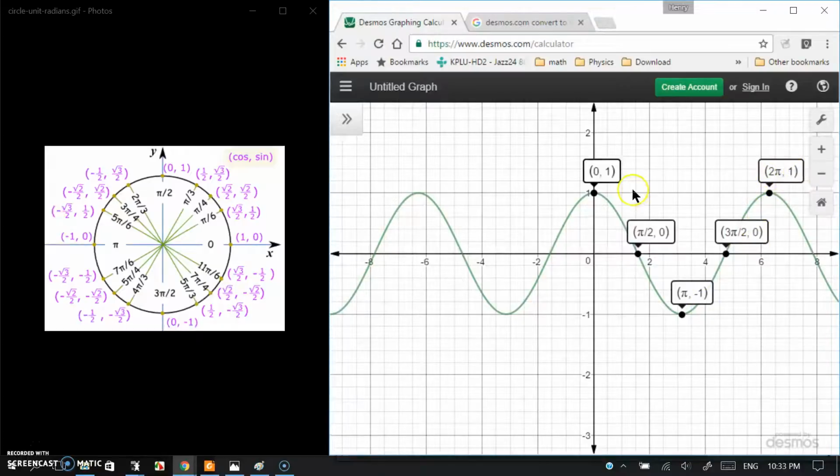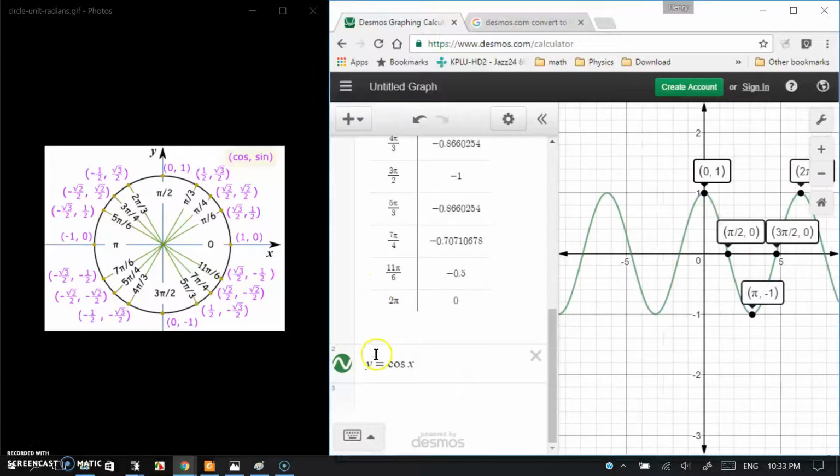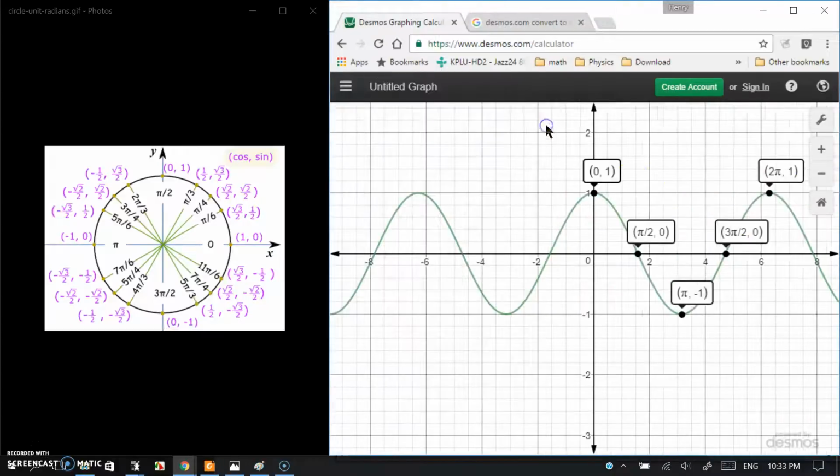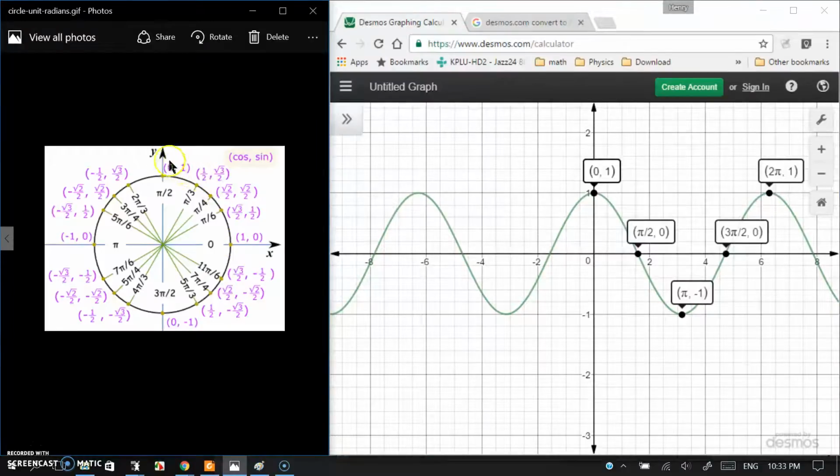Because my equation is y equals cosine x, the y coordinates over here represent the cosine value only. And if we are referring to the cosine value, when we use the unit circle, we only have to look at the x coordinates.